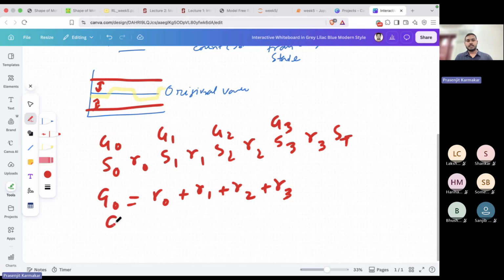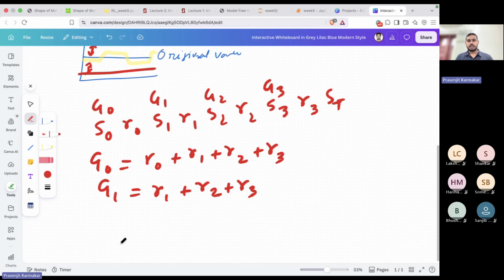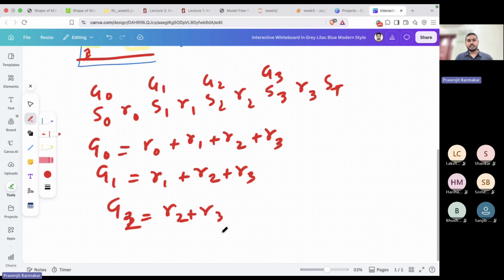Now what is G1? G1 is R1 plus R2 plus R3. G2 is R2 plus R3. And what is G3? R3 only, right?